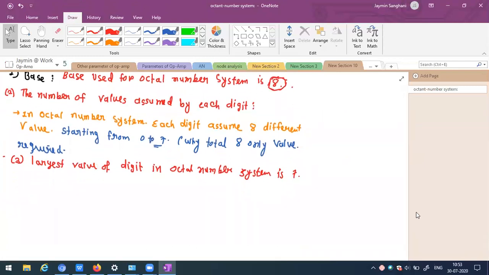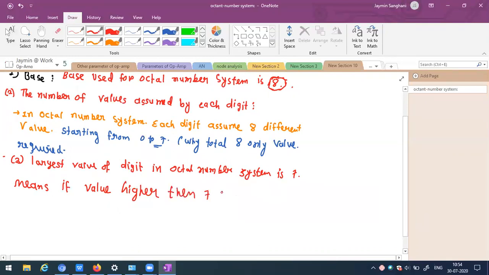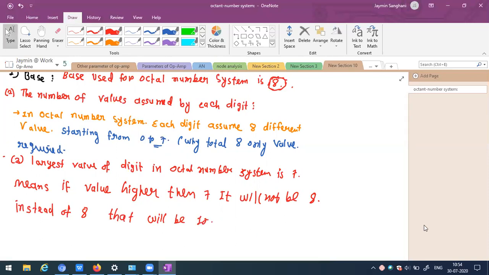That means if the value is higher than 7, it will not be 8. Instead of 8, that will be 10.